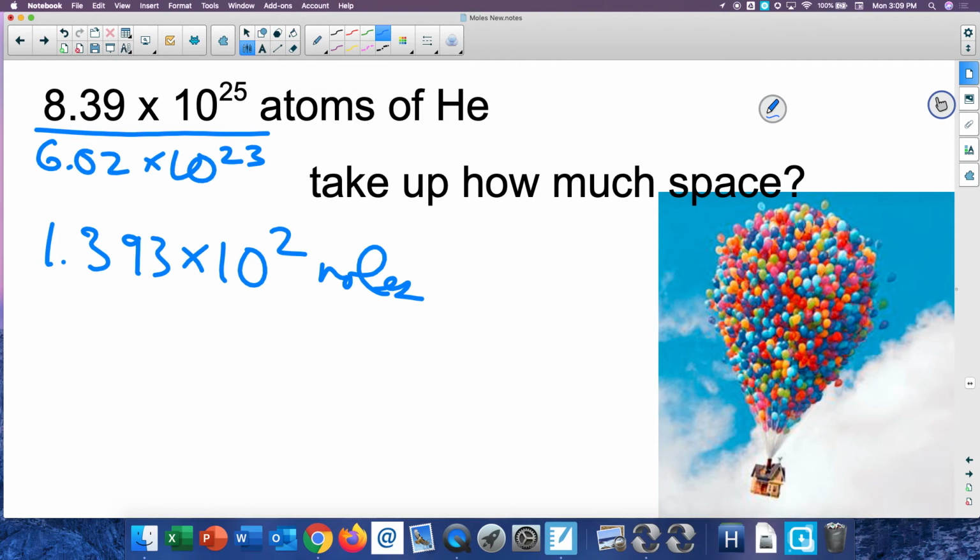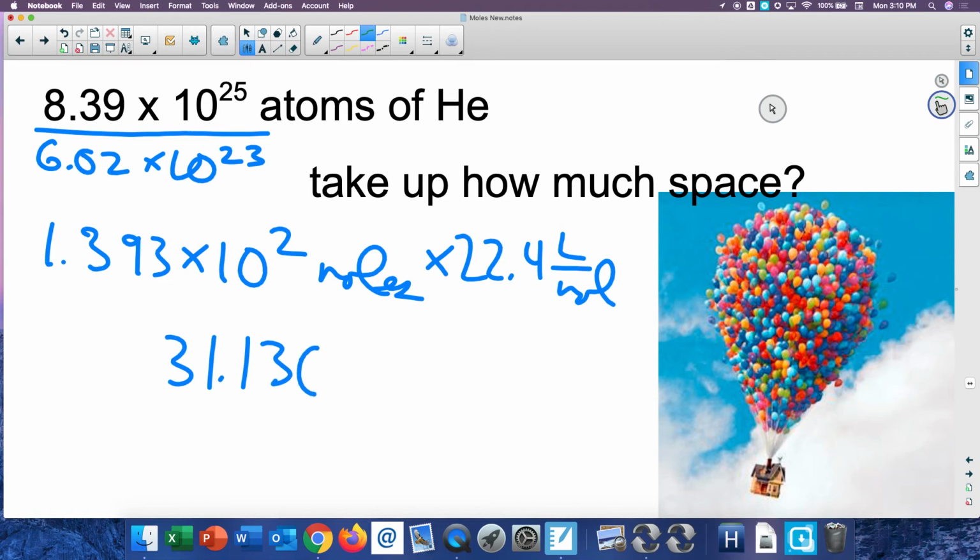If I want to get to volume, I'm going to multiply it by 22.4 liters per mole. And Georgia, what does your calculator tell you the answer to that is? .136 times 10 to the second.